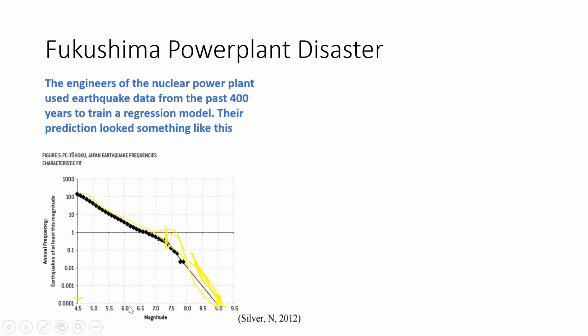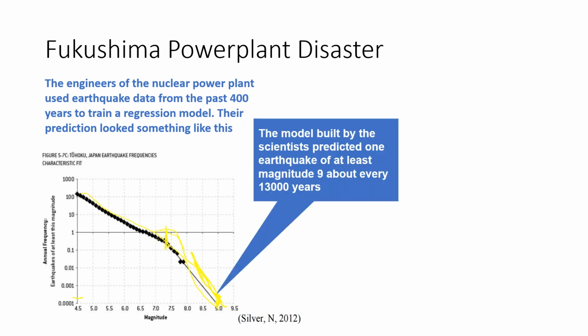So they use this model, and because they wanted to design this power plant for a particular event, they asked a question: for a 9 on the Richter scale, how likely is it, or how many years once does it happen? According to this model built by the scientists, it predicted one earthquake of at least magnitude 9 about every 13,000 years, because it's a logarithmic scale.